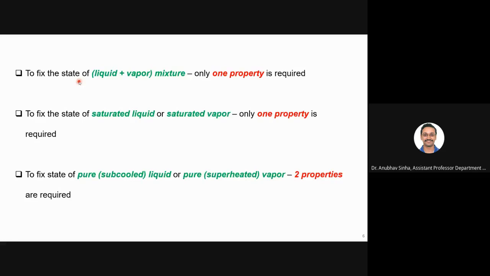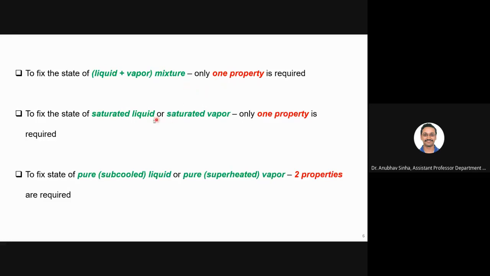For example, when I say boiling water at 100 degrees Celsius, there is no ambiguity there. Boiling water is at 100 degrees Celsius at 1 atmosphere. So only one property is required. I can either tell you that water is boiling at 1 atmosphere or 100 degrees Celsius. With that one property, the state is fixed, right?